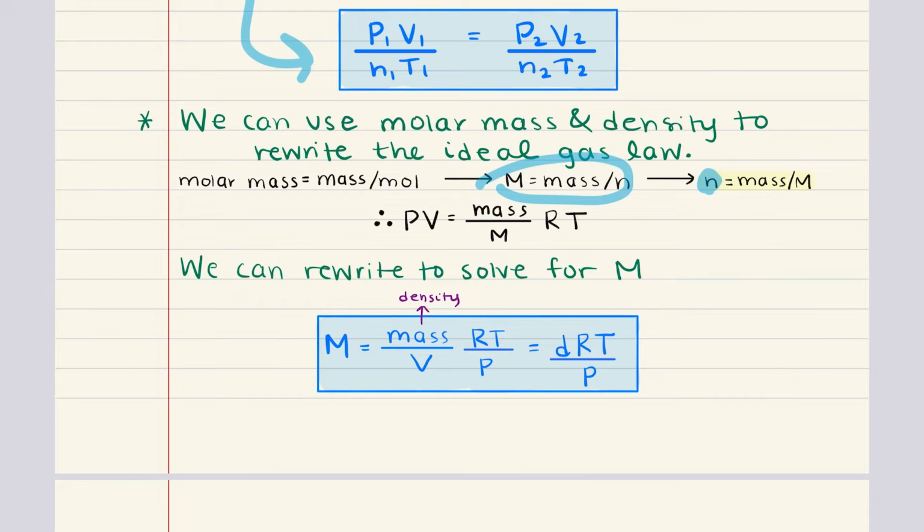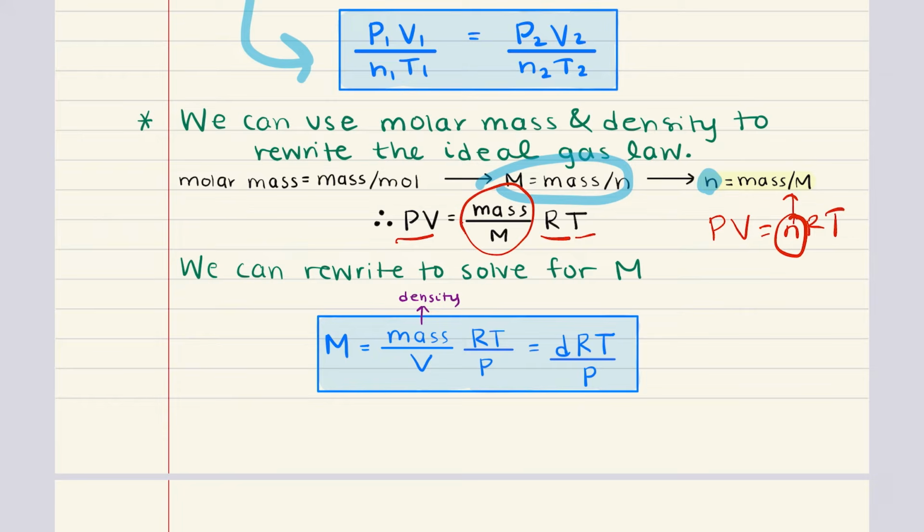Moles is equal to mass divided by molar mass. Now, our ideal gas law is PV equals nRT, and we're going to go ahead and replace moles with the definition mass divided by molar mass. Now we have PV is equal to mass divided by molar mass multiplied by RT.